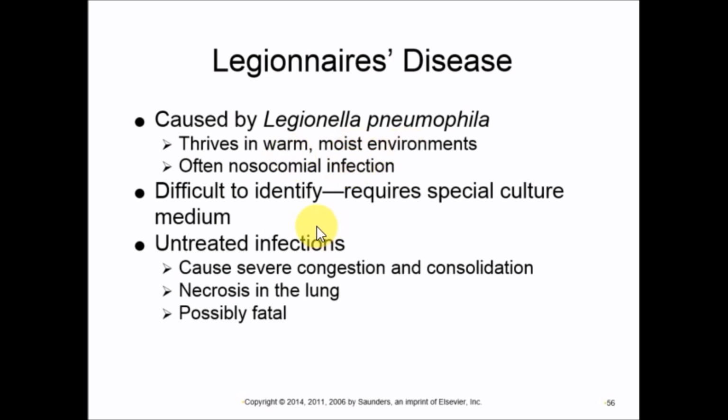That's why it occurs more in the hospitals. It's not the typical pneumonia that we know: high fever, productive cough, chills, and other things, and dyspnea. This is not typical exactly. And if untreated, it will cause severe congestion, it's very aggressive, and it can be fatal.